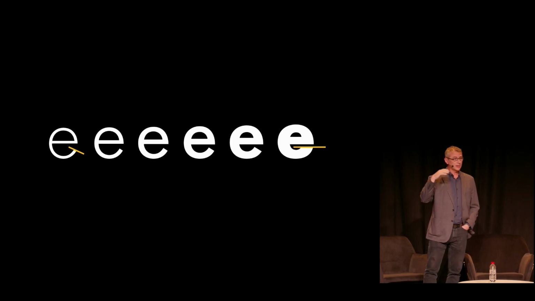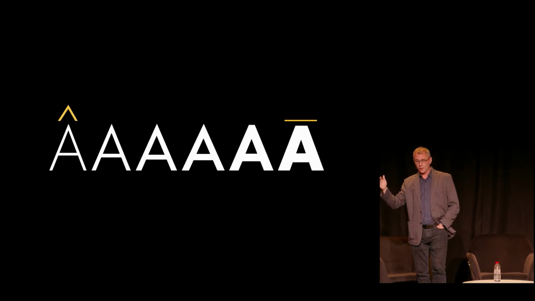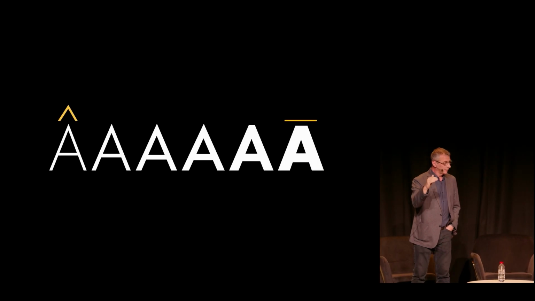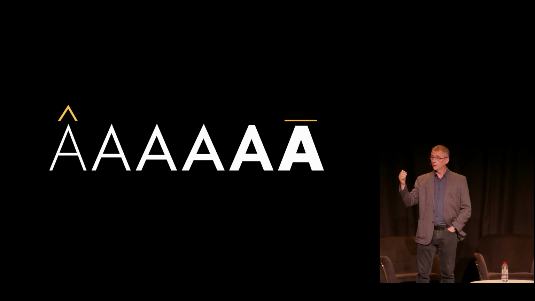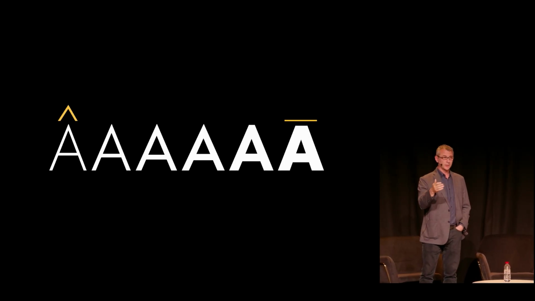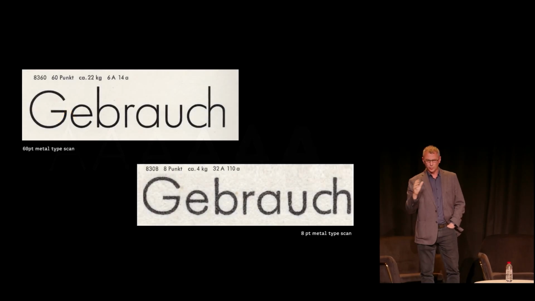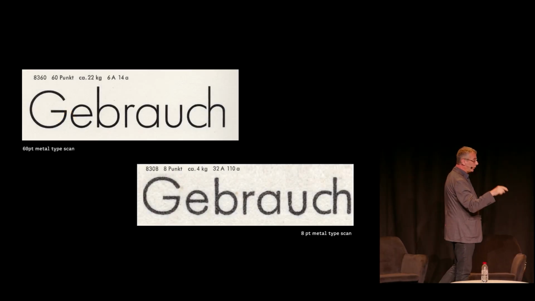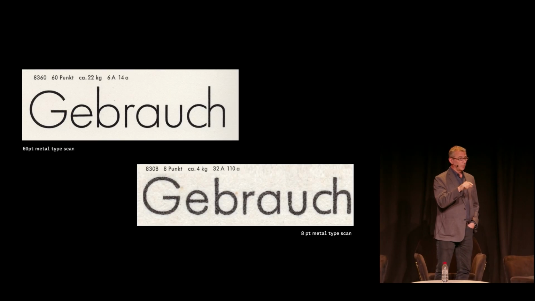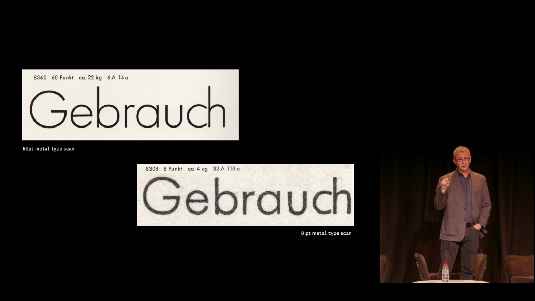You have an apex that is pointy for 4 weights, but then it becomes flat. So for all of you who have been using typography for a while, you know that this is not quite the norm. And more importantly, when you look at the punches in 60 points and in 8 points, the light weight is quite different.